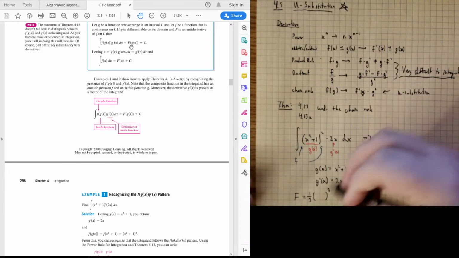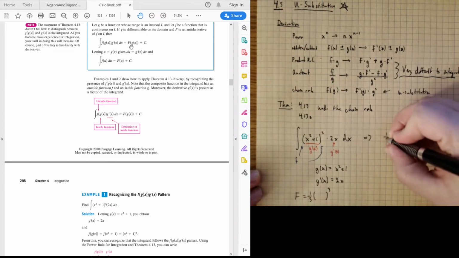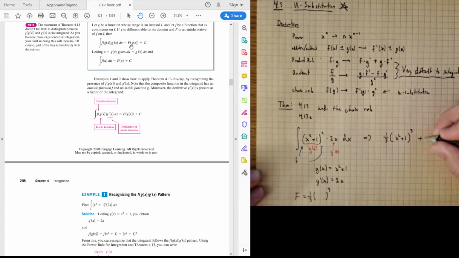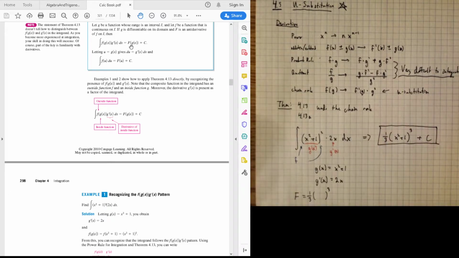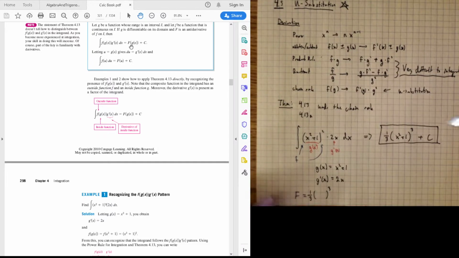Well, let's figure out the antiderivative. It's going to be 1/3 x squared plus 1 cubed plus c. How do I know that? Theorem 413.